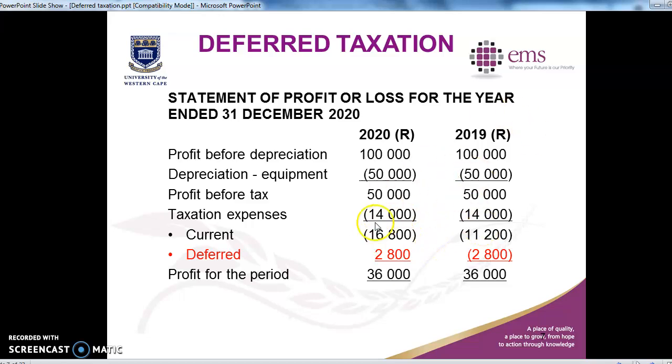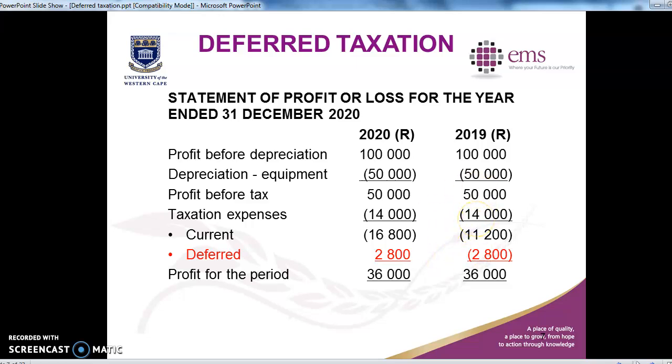Our current tax, calculated based on the Income Tax Act, was 11,200 and 16,800 respectively for 2019 and 2020, and we have a deferred tax adjustment in order to adjust our current tax to align with our total tax expense, which is the tax incurred on our accounting profit.